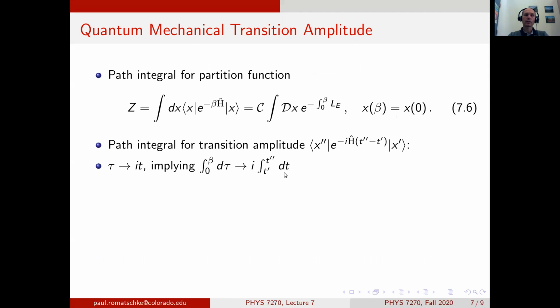The second thing to notice is that because we had these two states at the two positions to be the same, this led to this periodicity condition, x of 0 is x of beta, and that informs the integral limits of the imaginary time integral, tau from 0 to beta. For the transition amplitude, that's different. There we have t prime and t double prime, which now give us the limits of our integral over time.